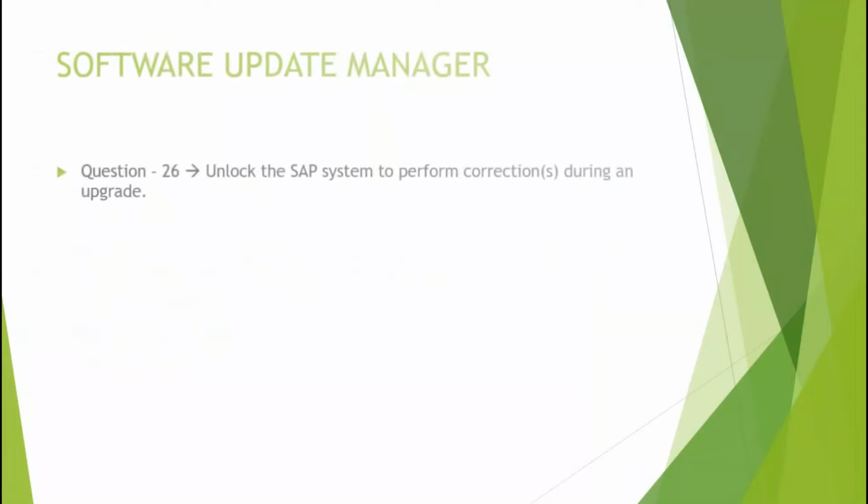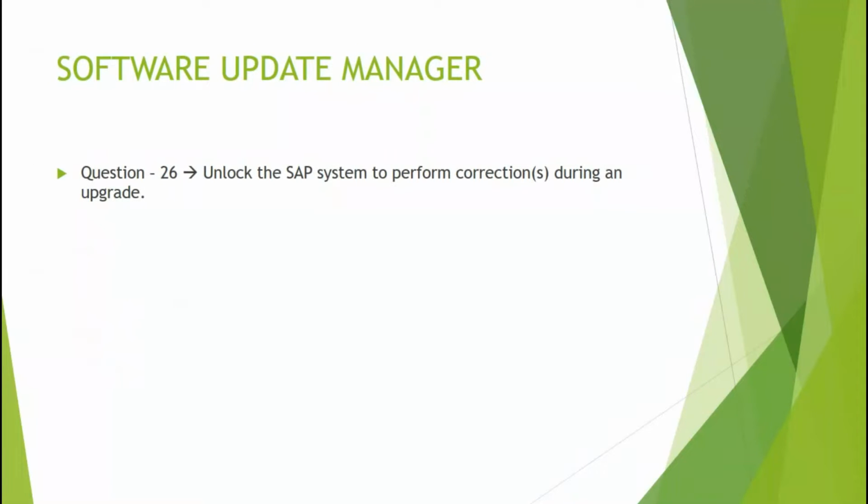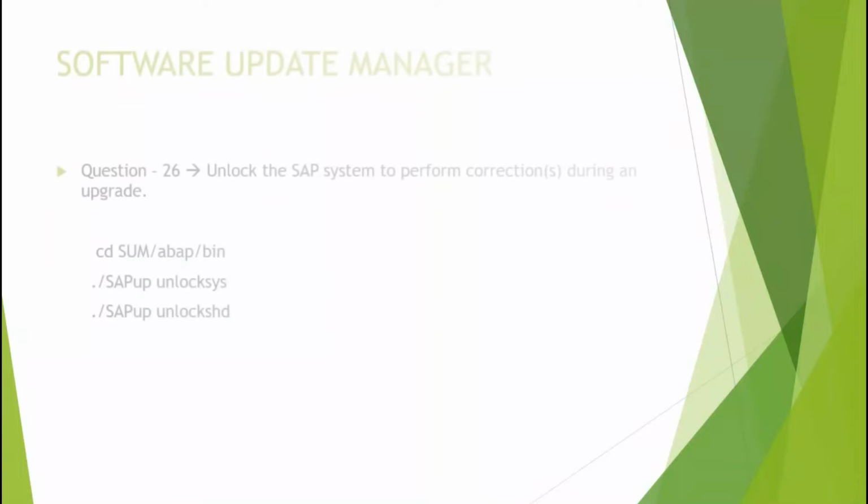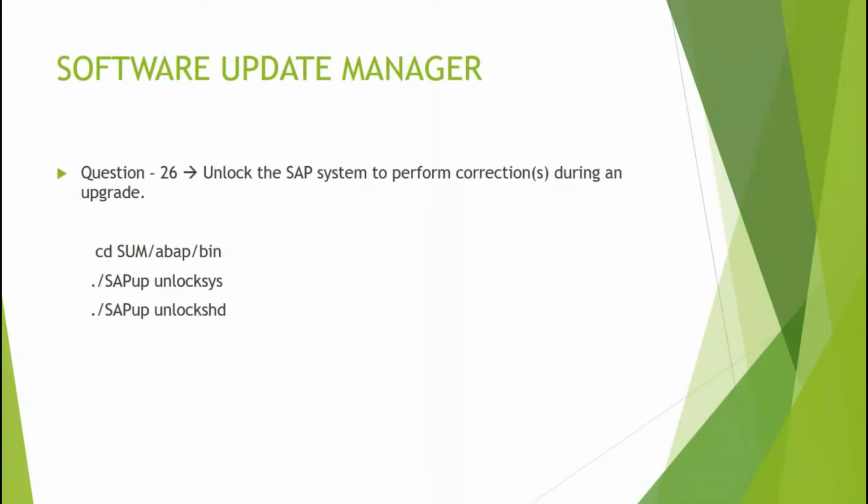Now we'll go to the next question. How will you unlock the SAP system to perform corrections during an upgrade? That is the same thing we already discussed in the previous question. The same commands we have for locking and unlocking the system, I already told you.